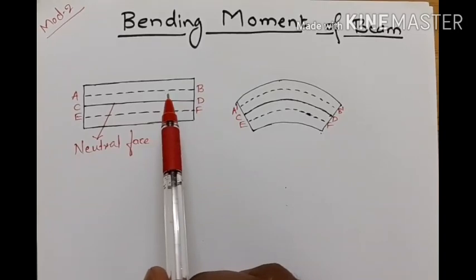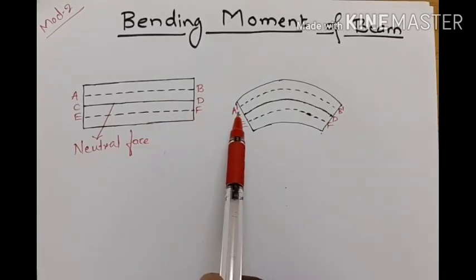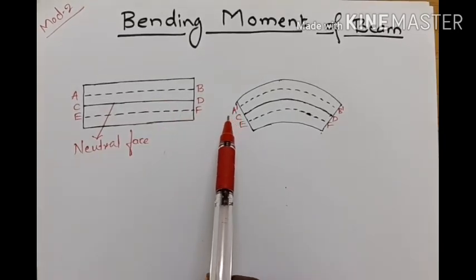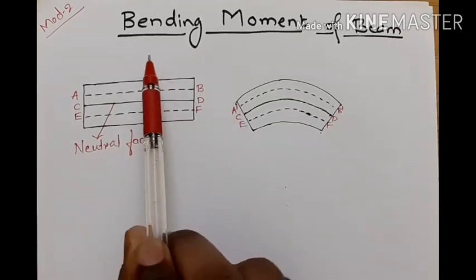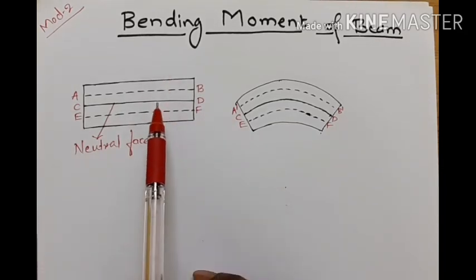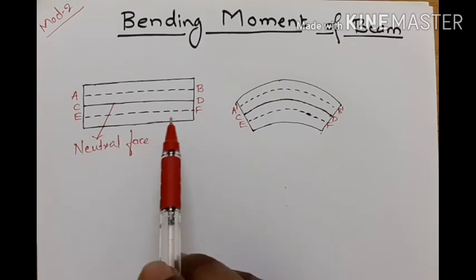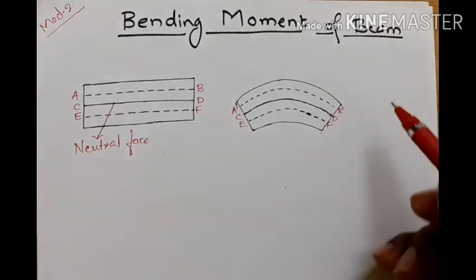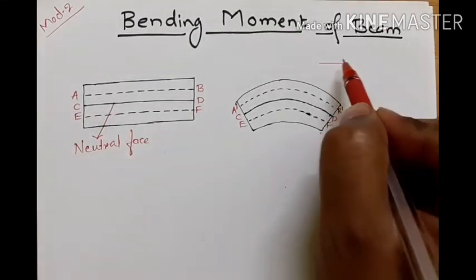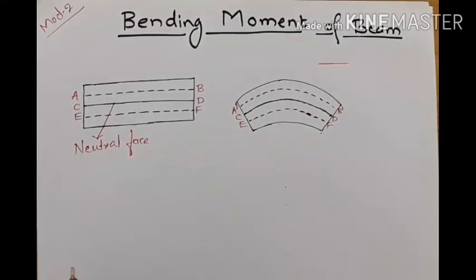Now when we bend this, it takes a shape. Now we have to find the bending moment of this particular beam. What is the bending moment? Let us say this is some beam or stick.